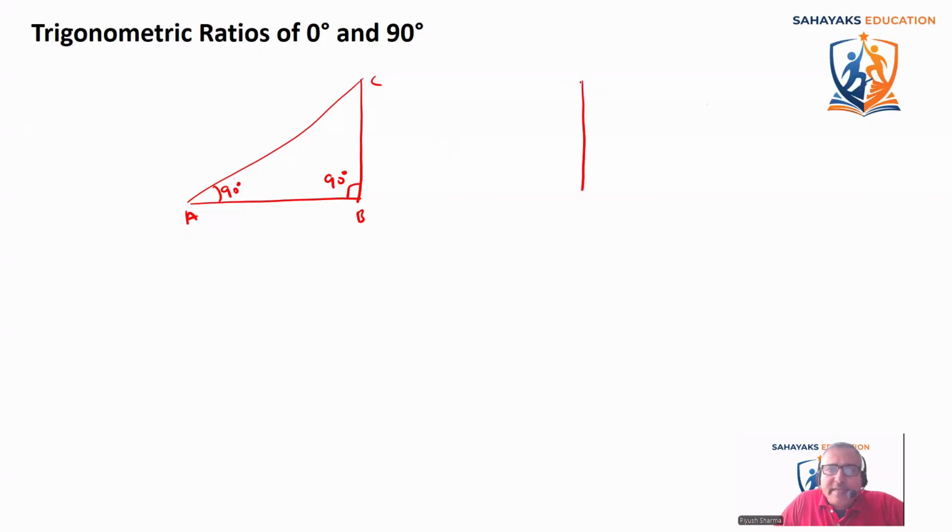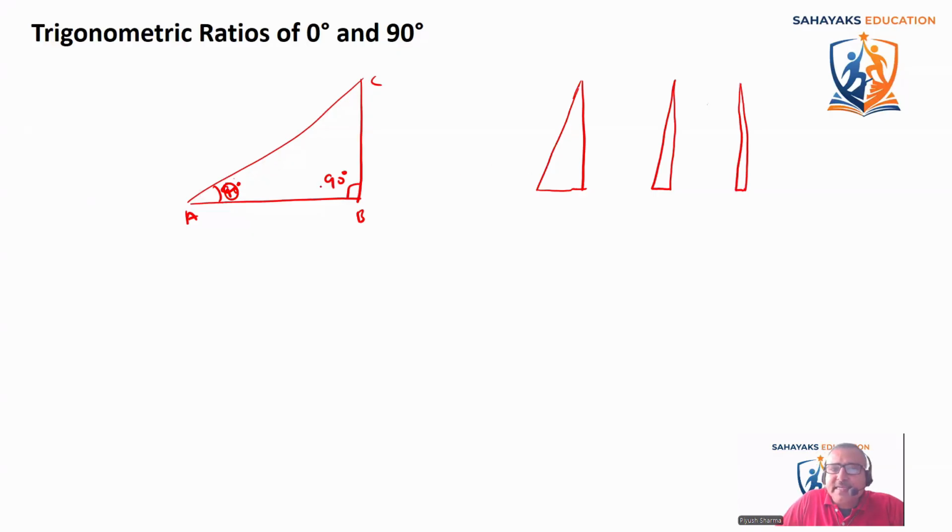See, if this angle is theta, the angle increases as the base comes nearer. If I make it further near, the angle increases. So the time it comes very close, the angle is nearly 90.